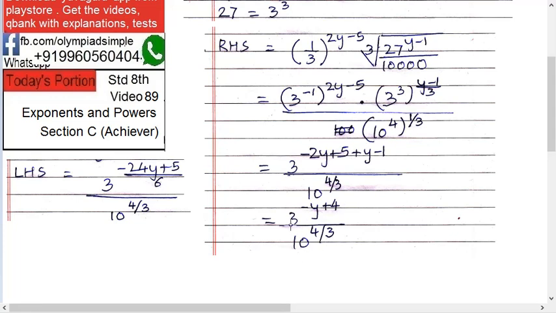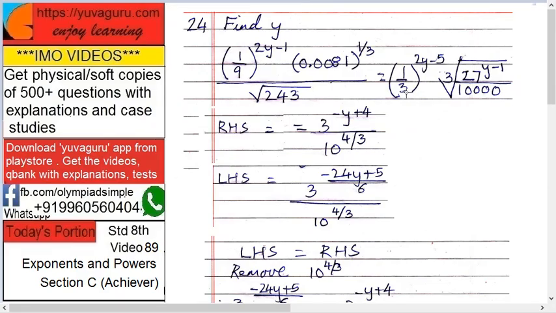Now this is RHS. But what is given? LHS and RHS are equal. So what we'll have to do is equate this LHS with RHS. This whole big thing has come down to this, and the LHS, the whole big thing, has come down to this part. LHS equals RHS, given.